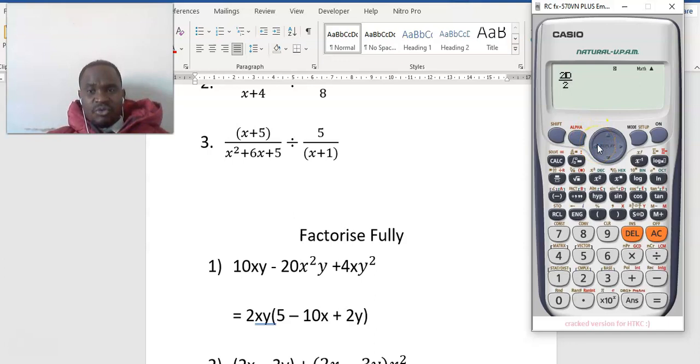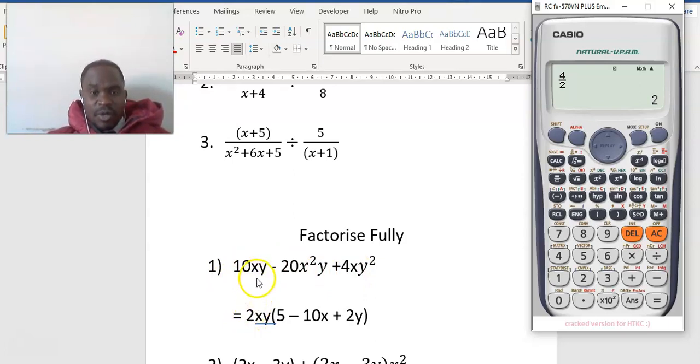Let's move on to the last one, which is 4. 2 can divide 10, 20, 4 without a remainder. Is that okay? So 2 is a factor.